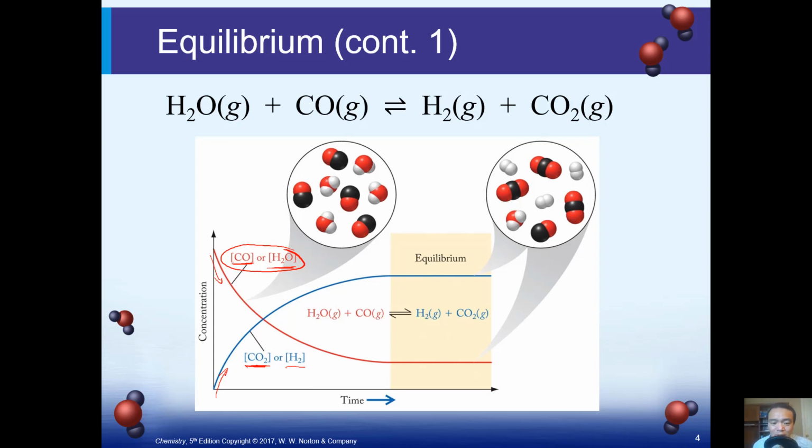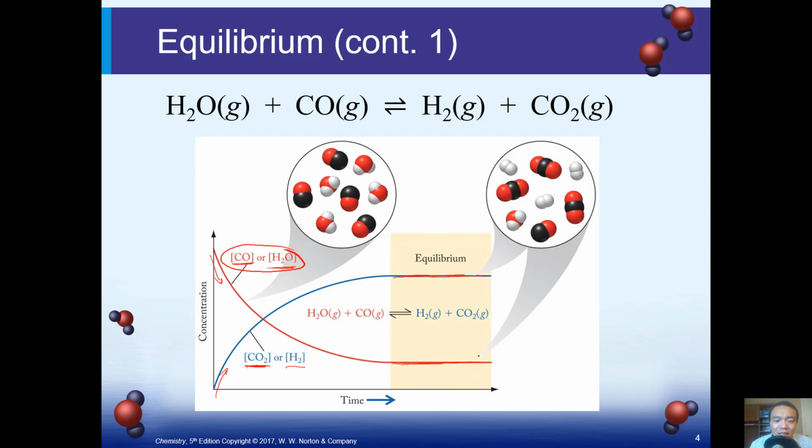At a certain point in time, you will notice the concentrations of the products stay constant, as well as the concentrations of the reactants. Once the concentrations of the reactants and products do not have a net change, we know the reaction is at equilibrium. This is one way to determine if the reaction is at equilibrium or not.